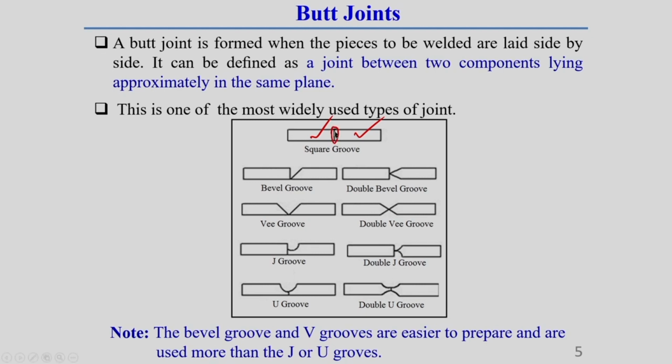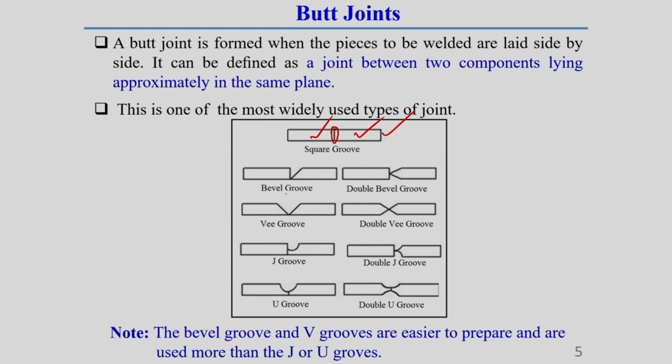It can be defined as a joint formed between two components which are laying approximately in the same plane. Depending upon the edge preparation, this butt joint can have different subcategories.